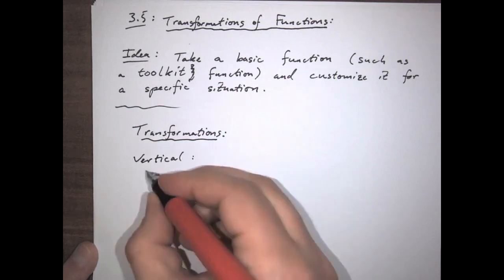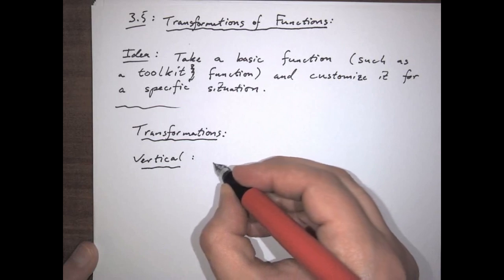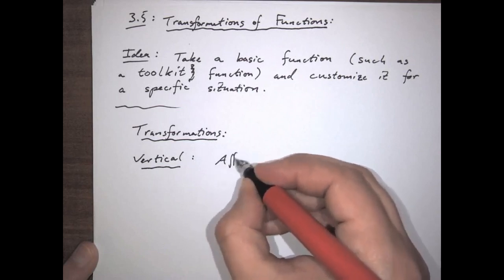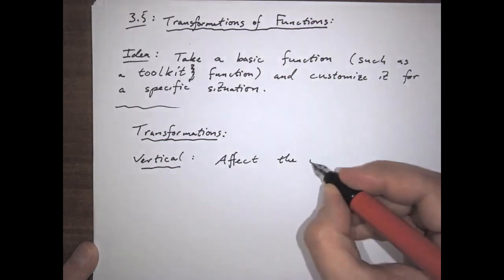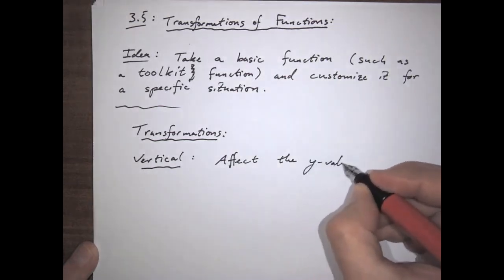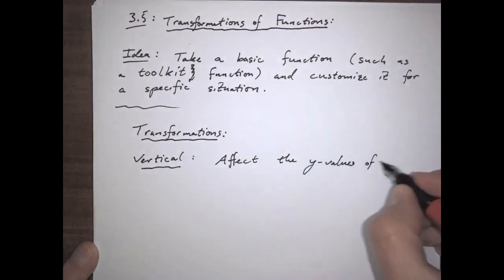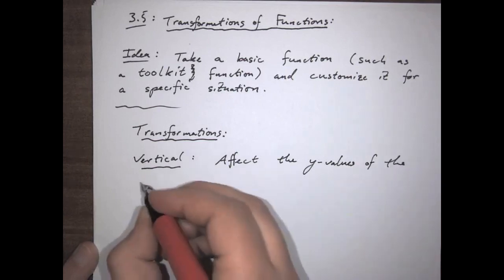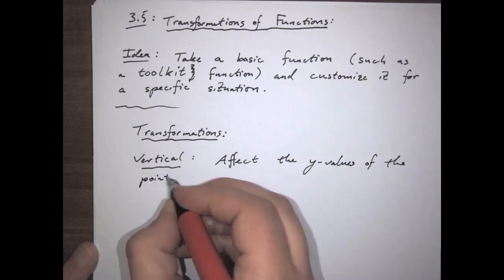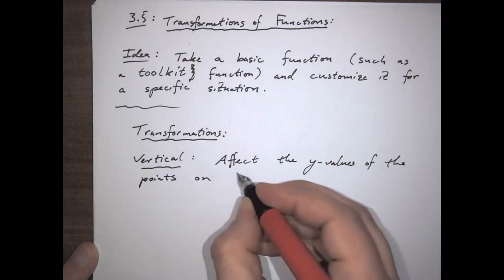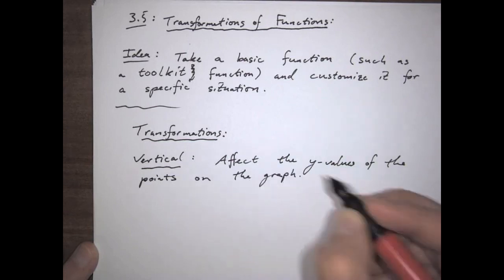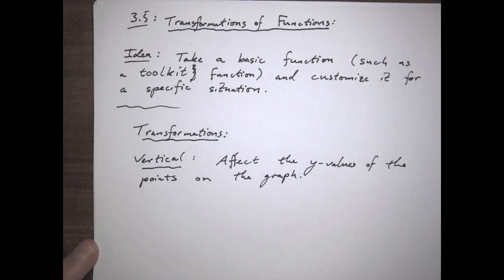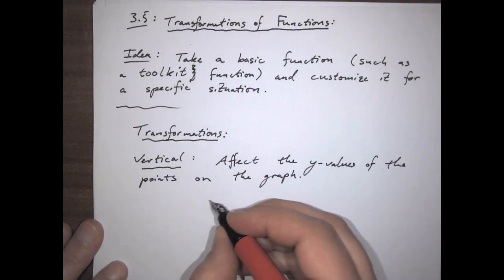Vertical transformations affect the y values of the points on the graph. And we accomplish these by doing something to the outside of some previous formula.